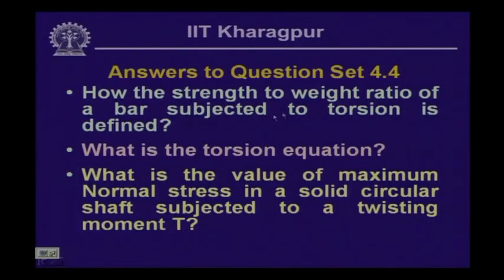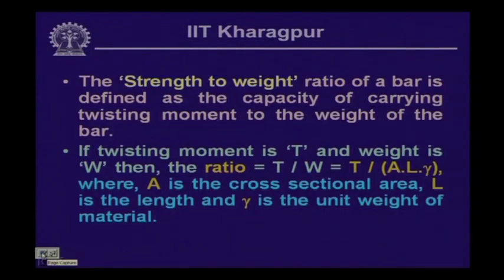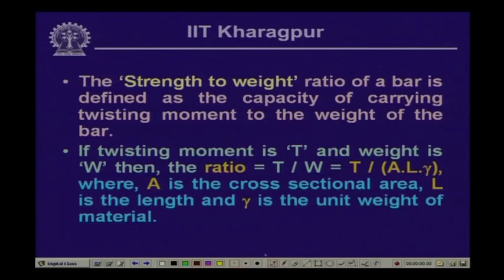How is the strength to weight ratio of a bar subjected to torsion defined? If you remember, we did an example wherein we had evaluated the strength to weight ratio. By the strength of a bar against twisting motion, we mean how strong the bar is to resist the twisting moment.